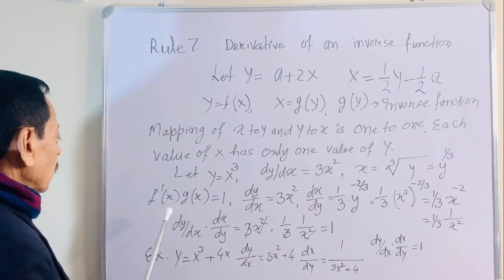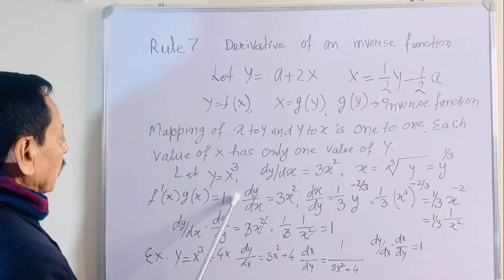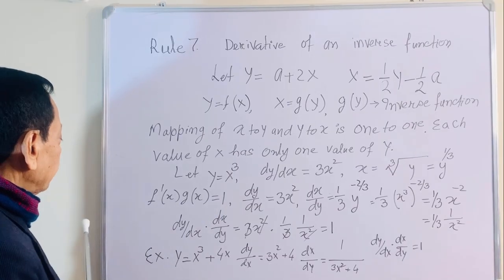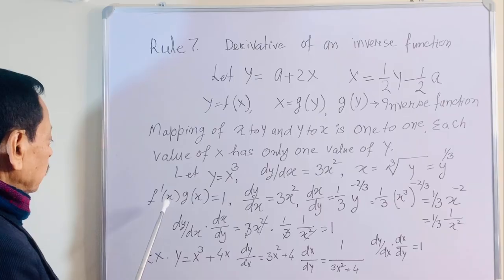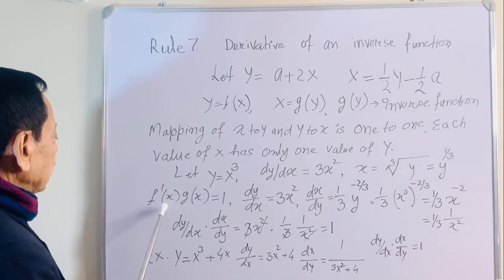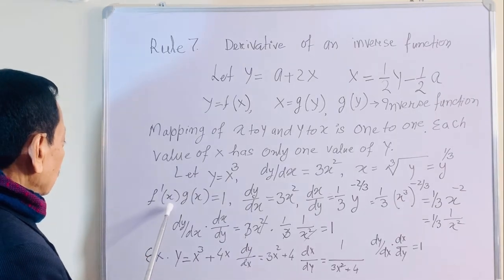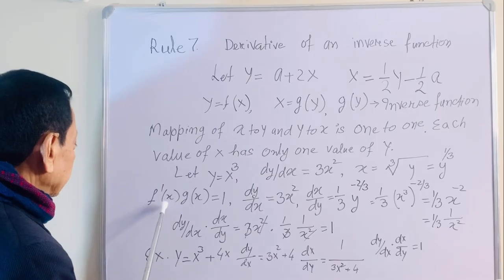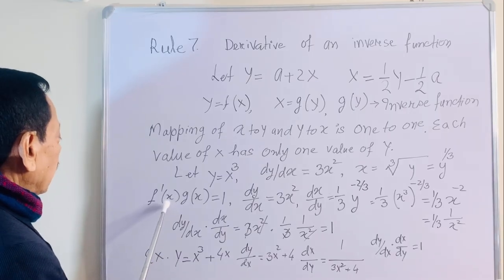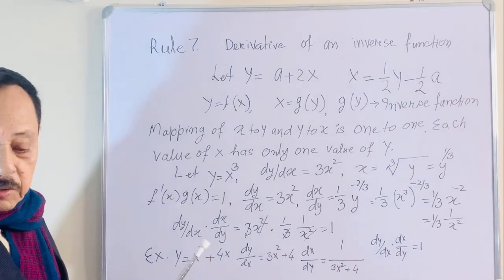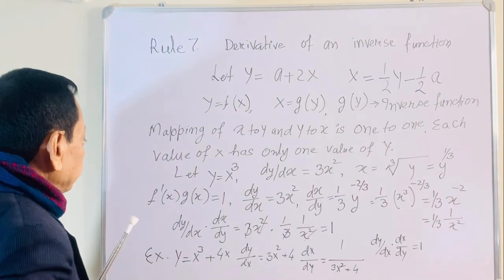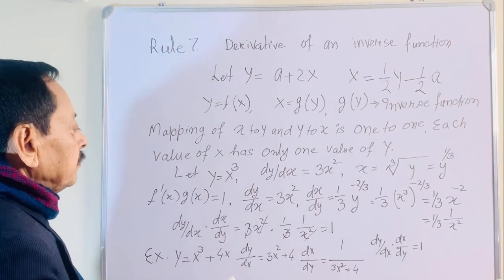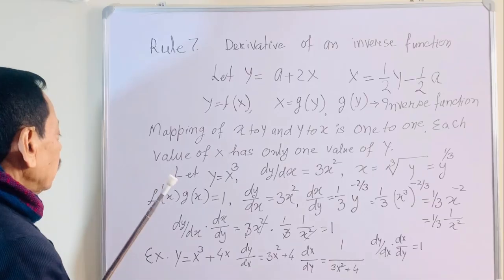So one characteristic of the inverse function is that the derivative of the first function and the derivative of the second function multiplied should be equal to 1.